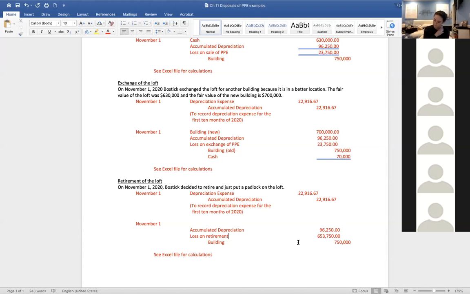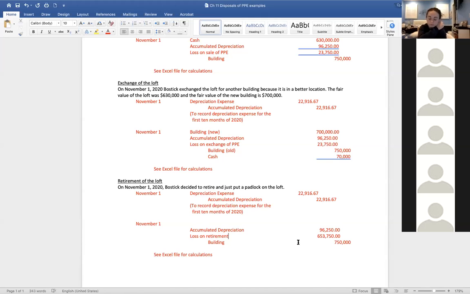Well, what if you had estimated that this asset had a residual value of 0, and you had fully depreciated the asset before you threw it in the junk pile? What would be the book value of an asset that has been fully depreciated that has no residual value? 0. So the book value was 0.